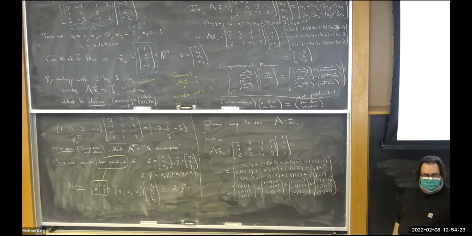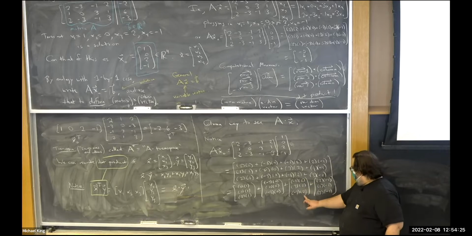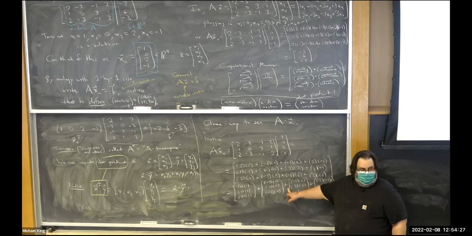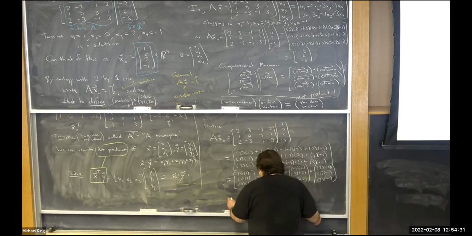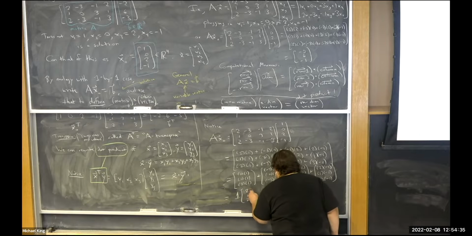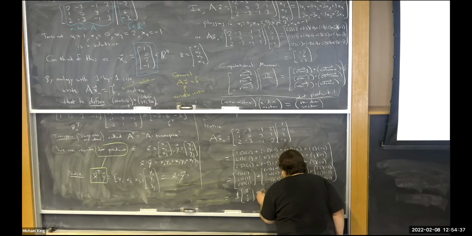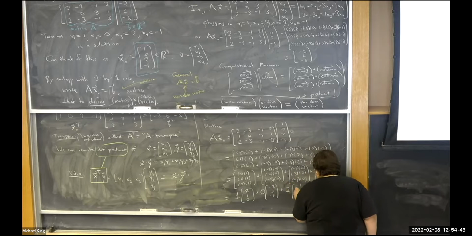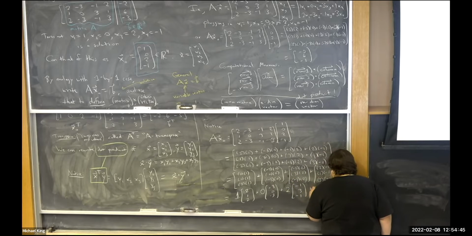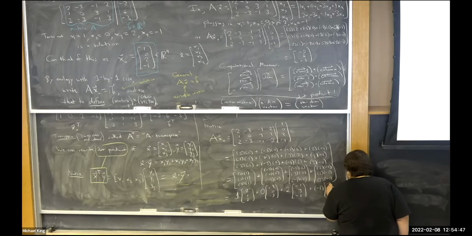And now the number that's the same in all 3, I can pull that out as a coefficient, as a scalar multiple. So I can write this as 1 times the vector 2, 1, 2, plus 0 times the vector negative 3, 0, negative 3, plus 2 times the vector negative 1, 3, negative 1, plus negative 1 times the vector 2, 1, 3.